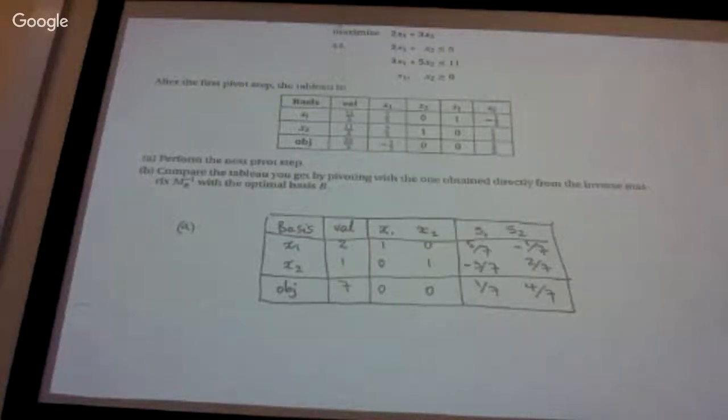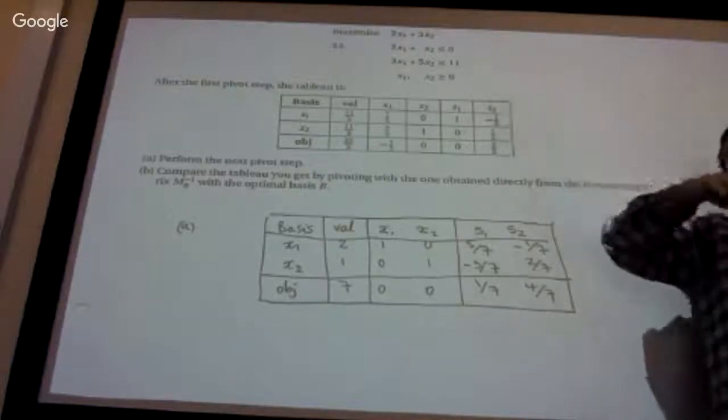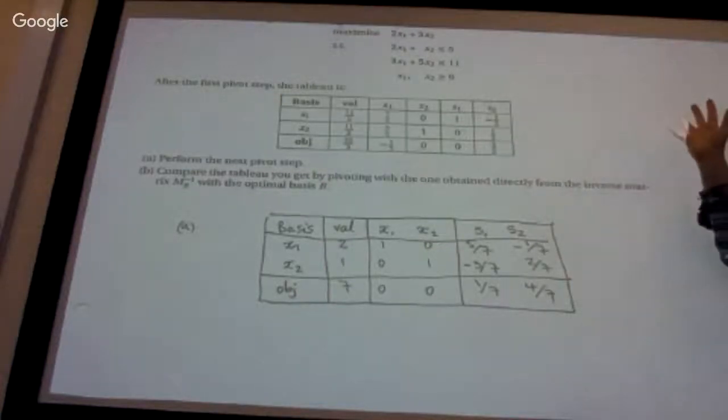Another thing this could be good for is some post-optimality questions. One of the examples we'll be looking at is you have an LP like this. Well, maybe it's much bigger.